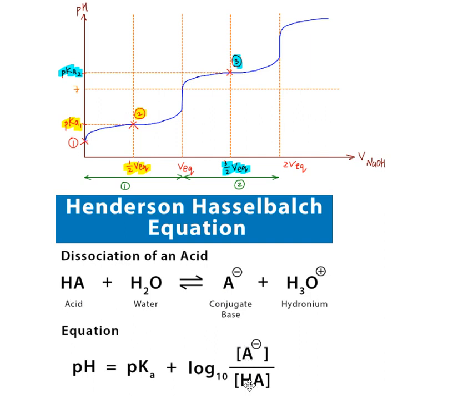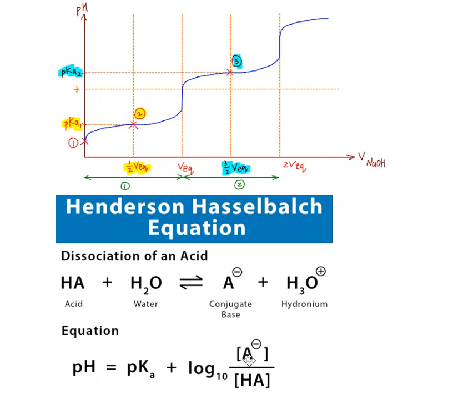It's 1-to-1 in this equation. If this part is 1, log 1 equals 0. This is mathematics, not chemistry, because 10 to the 0 power equals 1. So this whole part becomes 0, and if this part is 0, pH equals pKa.